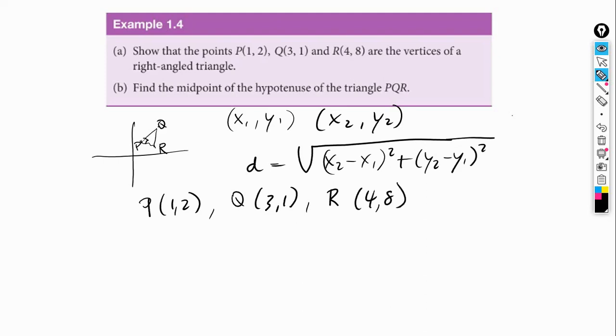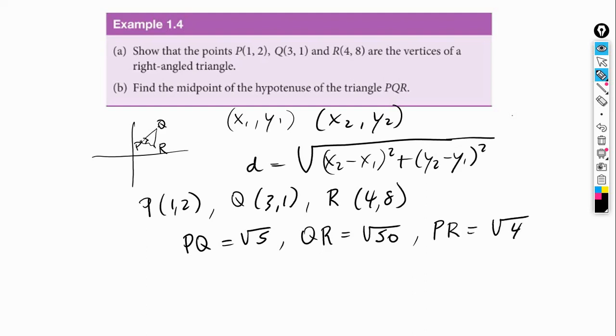If you do the math, you're going to find that the distance PQ is equal to the square root of 5, the distance QR is equal to the square root of 50, and finally the distance PR is equal to the square root of 45. So it's pretty easy to see that these 3 distances form a Pythagorean triple, where QR, being the longest length, would be the hypotenuse.